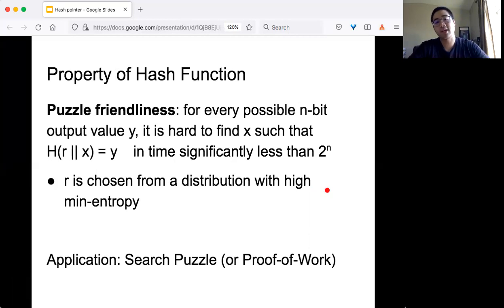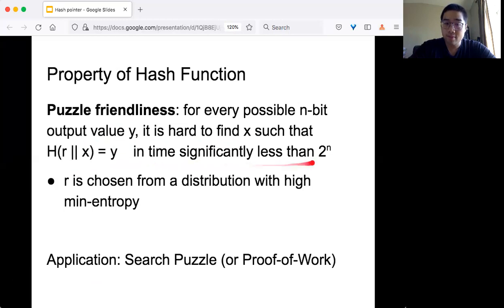For many other cases, this property is not necessary. So the formal way of stating this is that for every possible n-bit output value y, it's hard to find x, your solution or your guess, such that H(r || x) equals y.